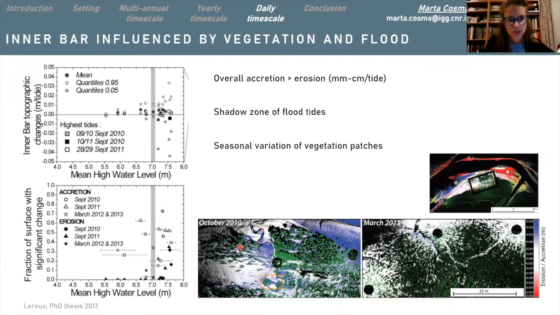So the accretion is really dependent on the shadow zone of the flood tides. And furthermore, there are seasonal variations of the vegetation patches.